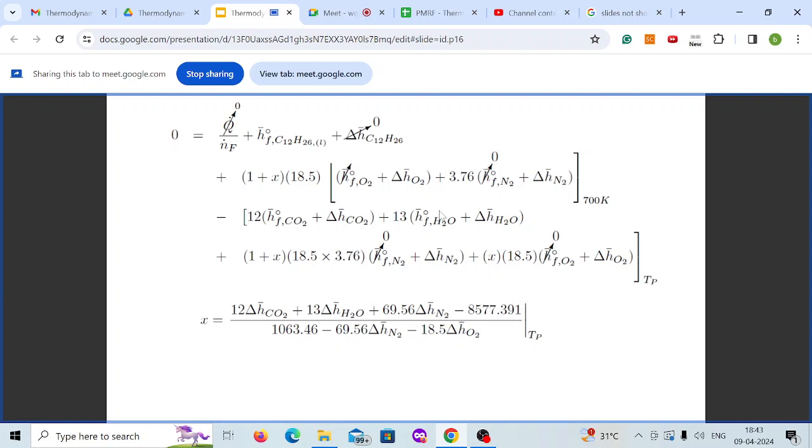This enthalpy of formation value you can take from any book, the tables given in the appendix, and take the values and divide by x into your nitrogen and oxygen plus your air values.